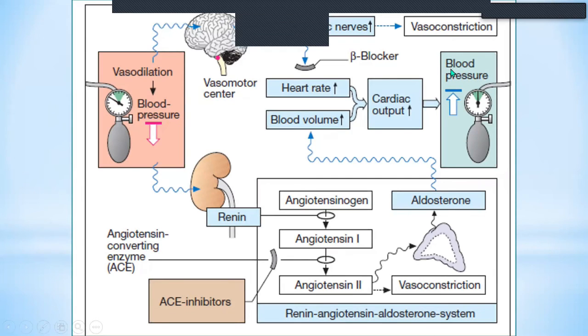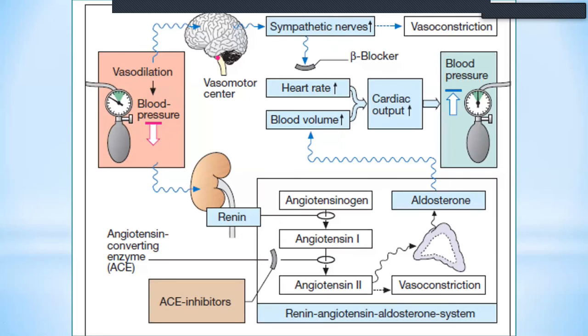Ultimately it is leading to an increase in blood pressure, whereas beta blockers are going to block this action. The vasomotor centers, especially in the brain, also control the blood pressure, so they are going to release a variety of substances, and ultimately cardiac output and blood pressure are increased.